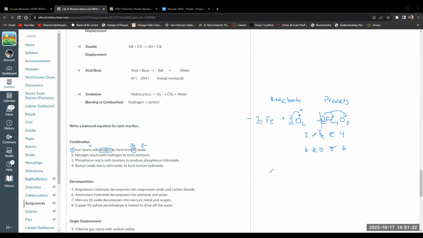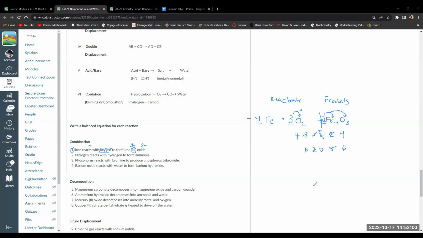Still not balanced. So let's look at our iron here in the reactants. Let's multiply this by 4. Now it's balanced.